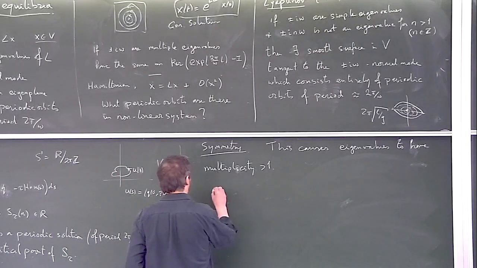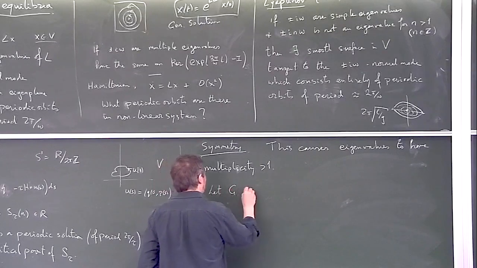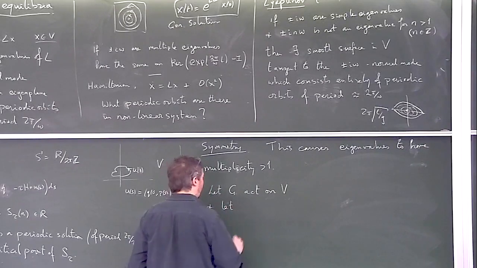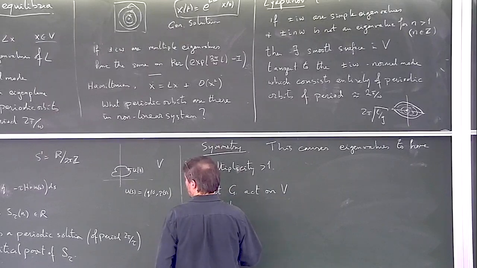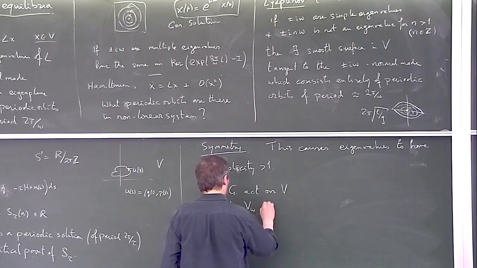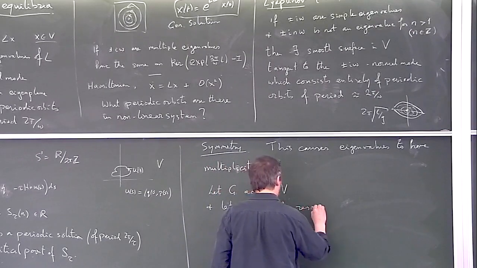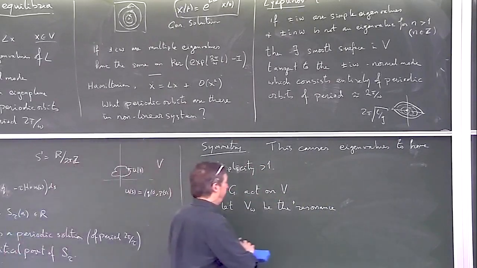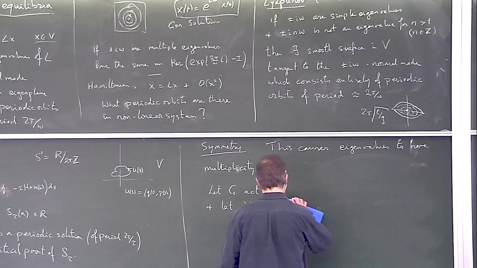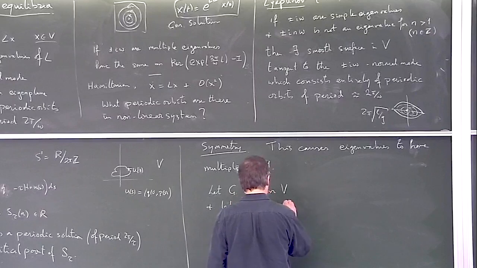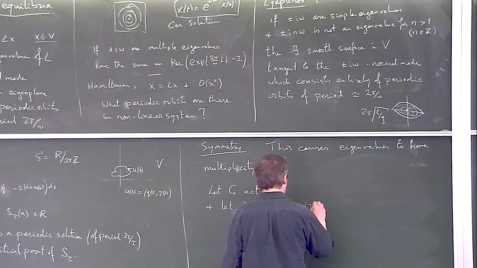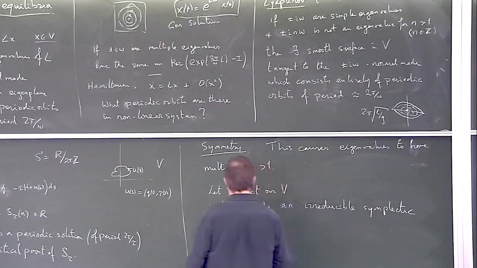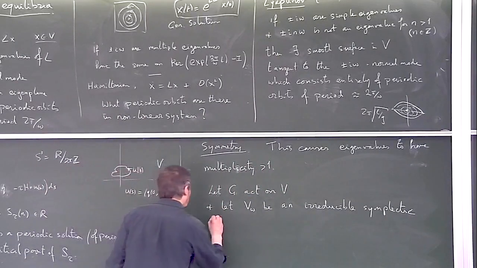So let V omega be one of these irreducible symplectic representations.